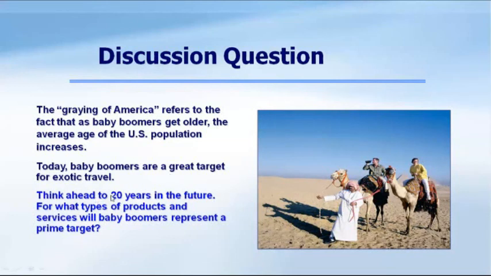So think ahead. Ito ang gagawin nyo class. Think ahead to 20 years in the future. For what types of products and services will baby boomers represent a prime target? So after 20 years from now, sa tingin nyo, ano yung pwede nyo i-offer na products or services na sa tingin nyo kailangan nitong mga baby boomers na to? So that is our question later on. Take note lang that by that time class, may edad na talaga din sila. Hindi lang basta medyo may edad, kundi talagang may edad na.